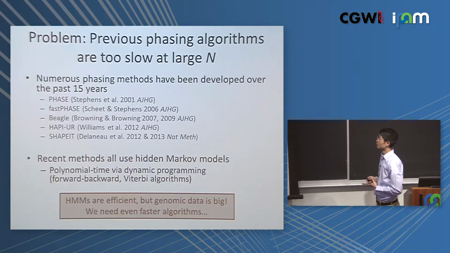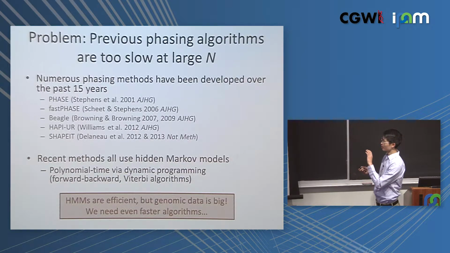And so this has been a tried and true approach over the past 15 years, basically ever since the Li and Stephens model came out. And there have been multiple generations of haplotype phasing methodology that have all, in one way or another, been building off this kind of hidden Markov model. Brian was being a little bit modest and not mentioning that he had done some of the foundational work with Beagle.